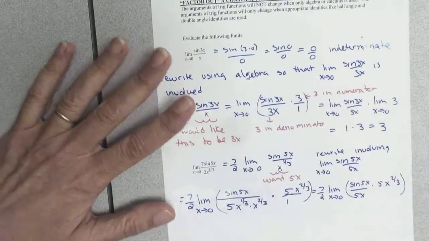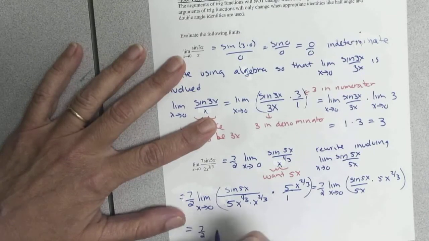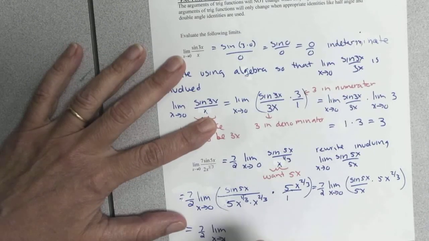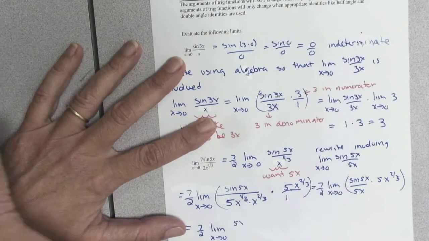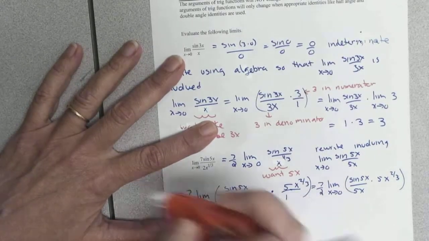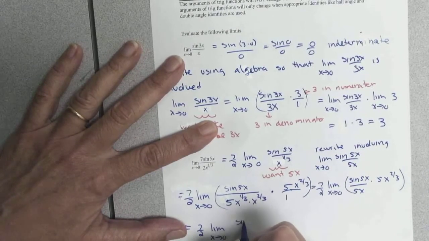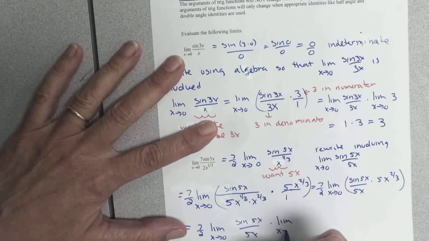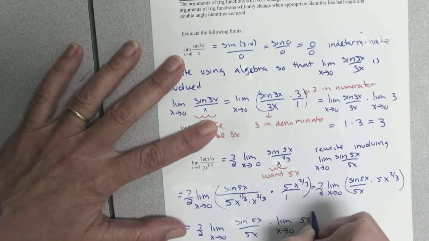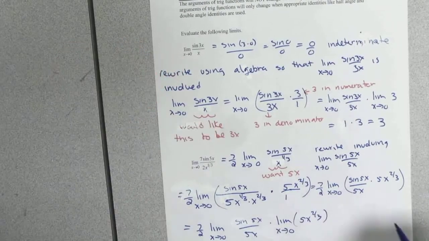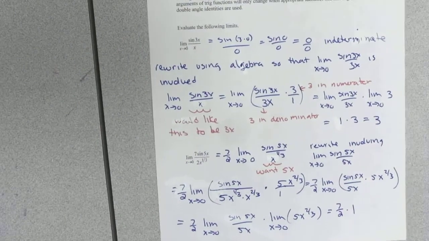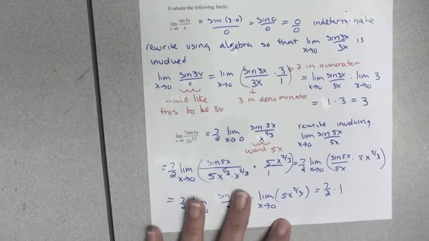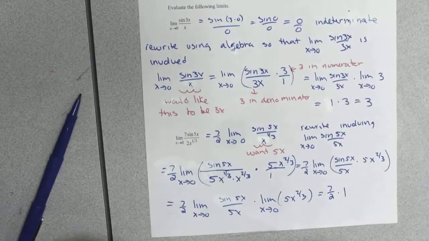Then technically, I can split this on up. So I have the limit as x goes to 0 of sine 5x over 5x times the limit as x goes to 0 of 5x to the 2/3. And so I get 7/2 times 1. You're going to memorize that that limit has a value of 1.